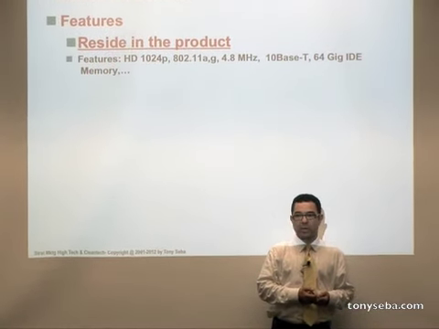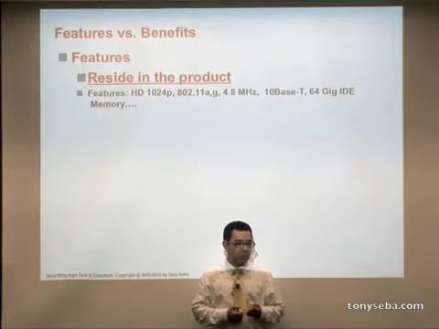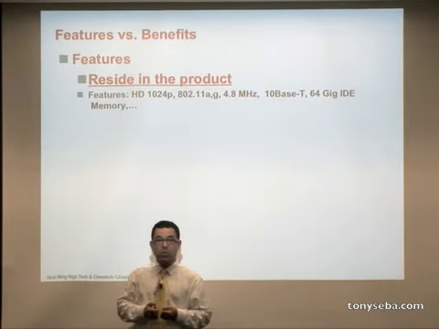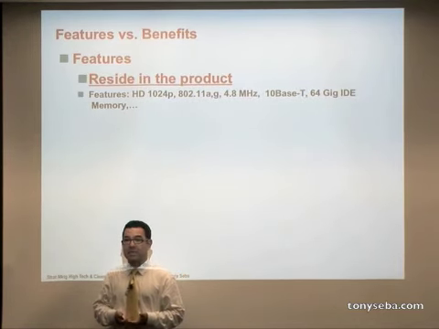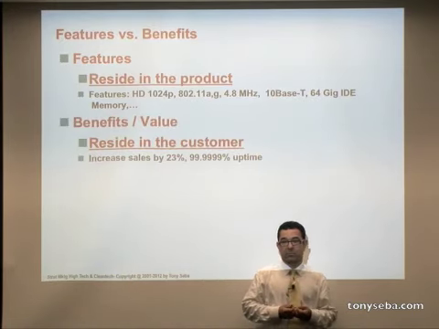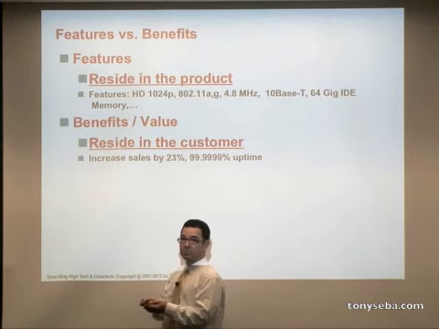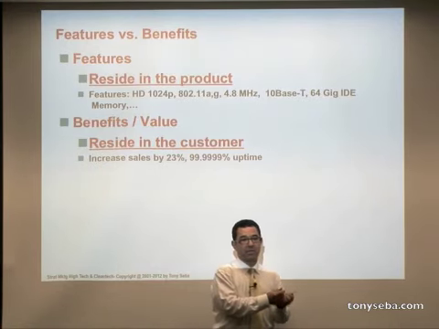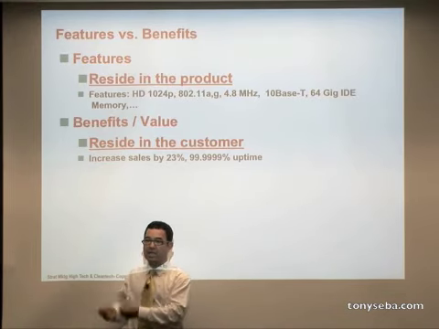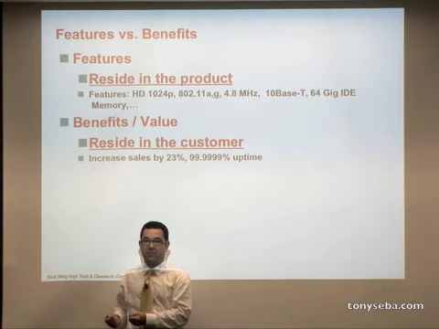So when you talk about 1024p, 802.11ag, or 10 base T, or whatever, you're talking about a feature. You're talking about a technology. Now, a benefit resides in the customer. That specific technology, that specific feature may or may not translate into a benefit, into value for a specific customer.